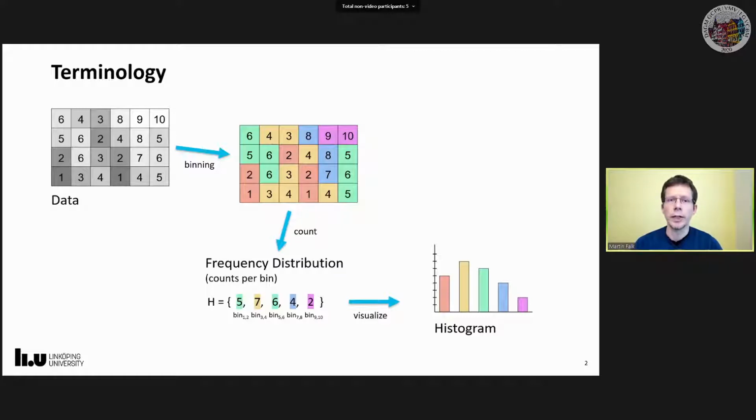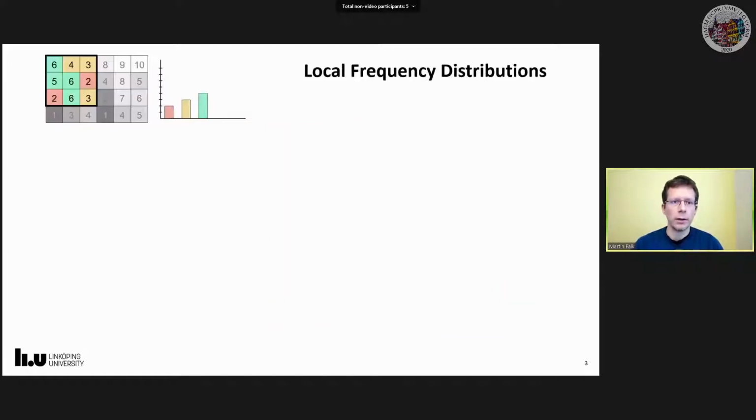Since we will be dealing mostly with the underlying data in our work, I will be referring mostly to frequency distributions and less so to histograms. In addition, we will be referring to the concept of local frequency distributions, where you compute a distribution for just a small subset of the data.